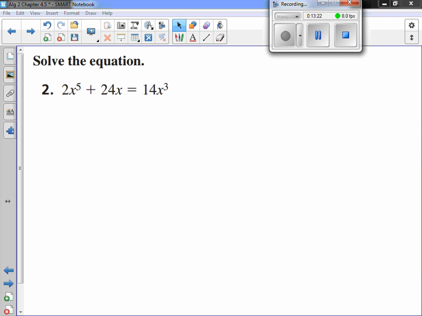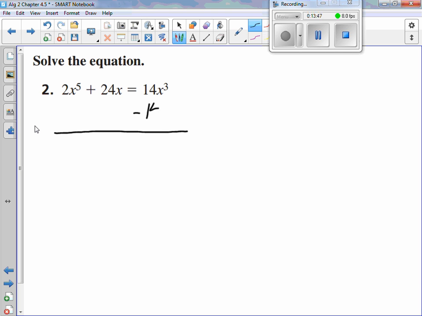Now again, when we're solving any of these here, when we were solving quadratics, the one thing we needed is that we needed the equation equal to what? 0. We need these equal to 0. So if I'm going to solve 2x to the 5th plus 24x equals 14x cubed, I need this equation equal to 0. So the first thing I'm going to do is subtract 14x cubed from both sides.